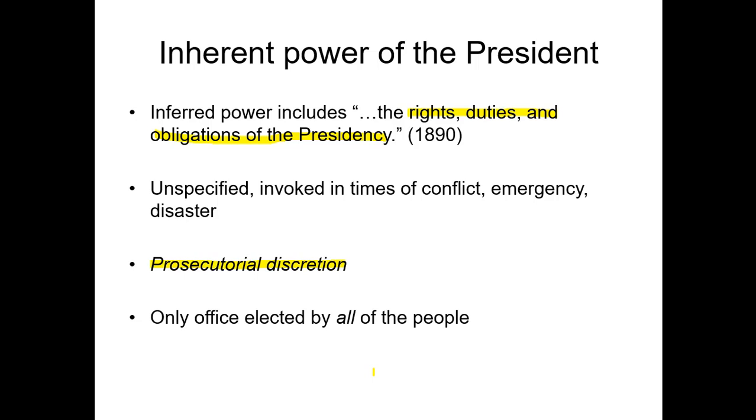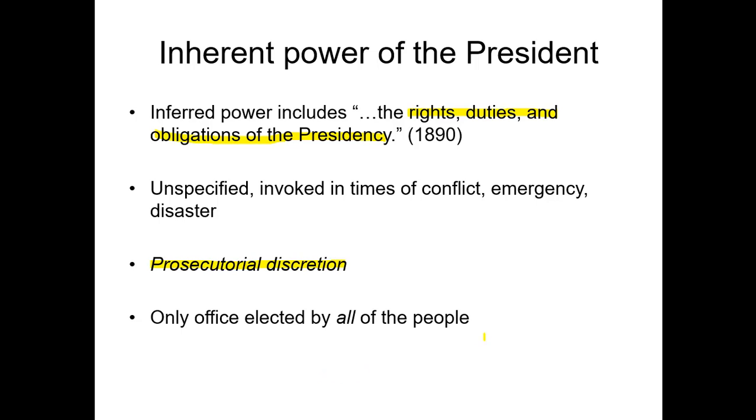Under prosecutorial discretion, President Obama instructed the Department of Homeland Security not to go after children who had been brought over here not of their own will, but by their parents. Technically, the president was saying that the Department of Homeland Security and immigration officials are not going to go after these individuals, and then giving them the opportunity to come forward and apply for the program.